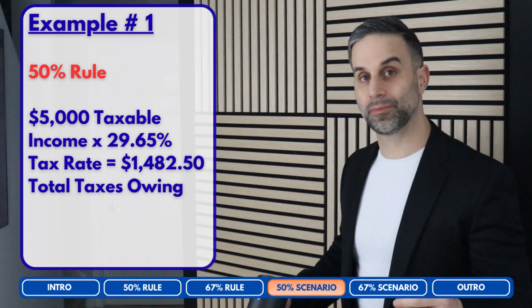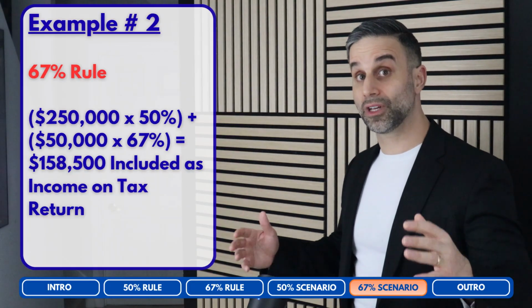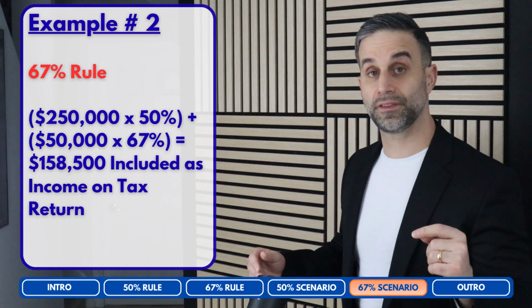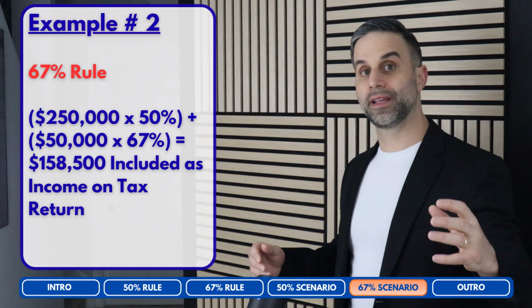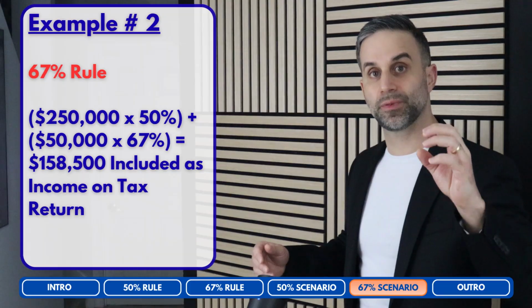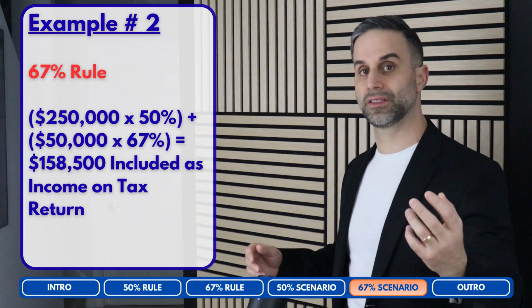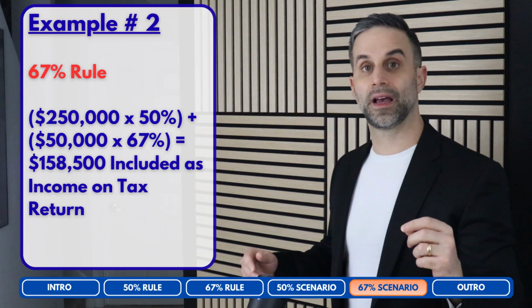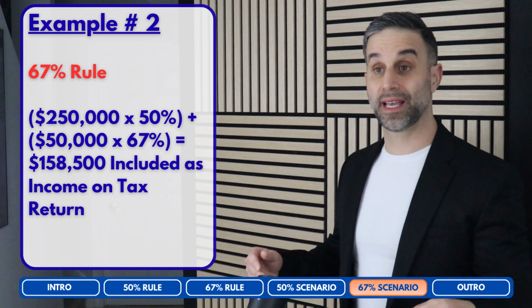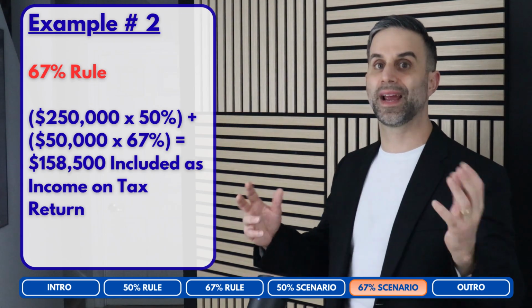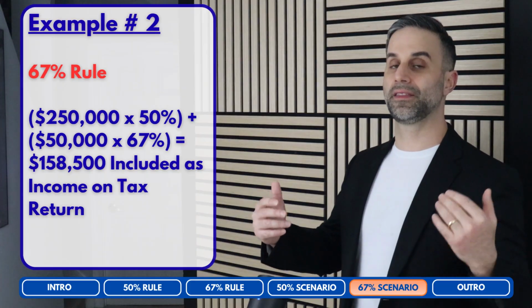Now, in the second example, we have $300,000 of profits. The first $250,000 we included in our income at an inclusion rate of 50%, or $125,000, and the remaining $50,000 at 67%, or $33,000, for a grand total of $158,000.